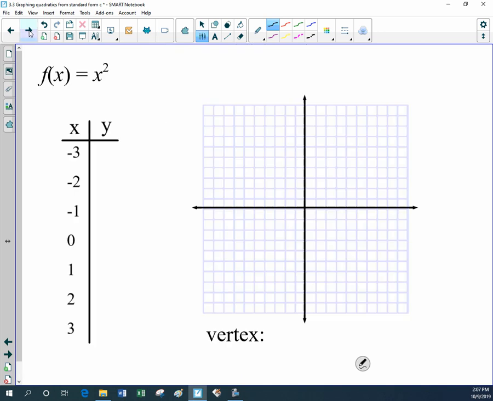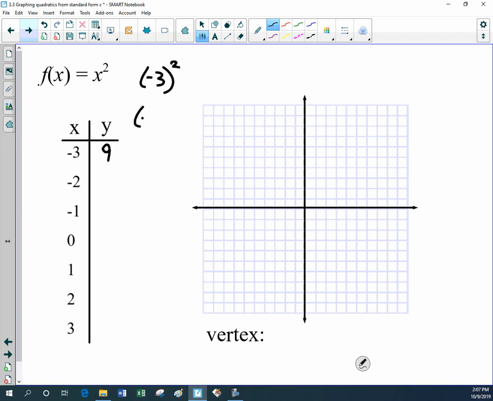All right, so to start with, let's start with just the basic function f of x equals x squared. We have a table here, and it gives us the x values that we're going to plug in for x. So if I plug -3 in for x, it would be -3 squared. So -3 times -3 would be a +9.